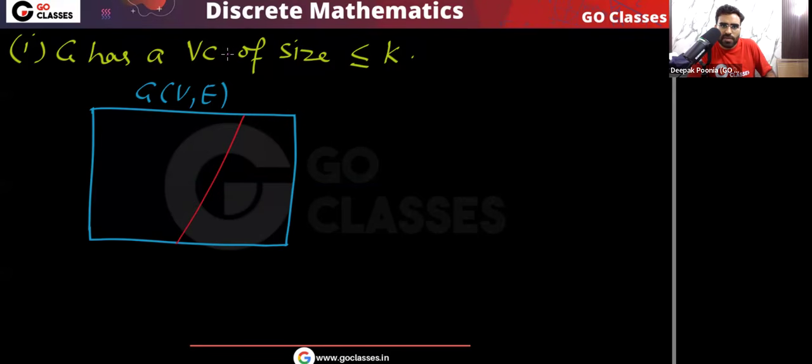So this S is a vertex cover. What about the remaining vertices, V minus S? The question says that the size of S is at most k.